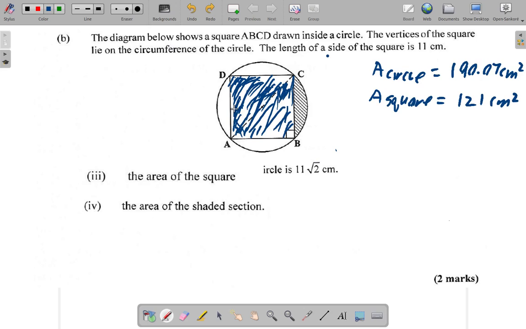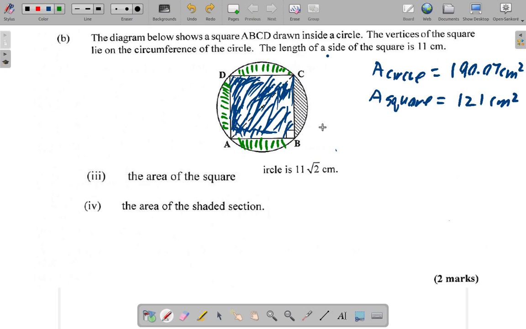If we consider shading the square, then what would happen here is that outside of that you would have this here. Let me use a different color. Outside of that you would have this, you would have this, you would have this, and of course this is already shaded. So we would have 4 shaded areas.